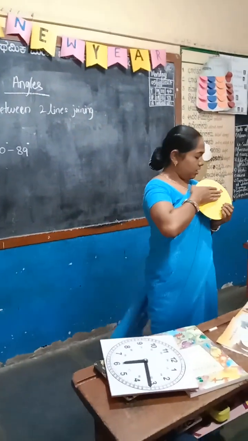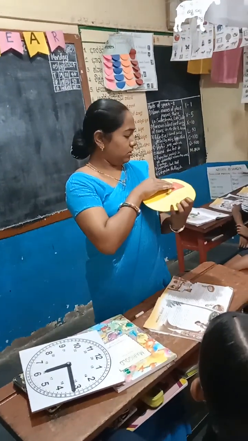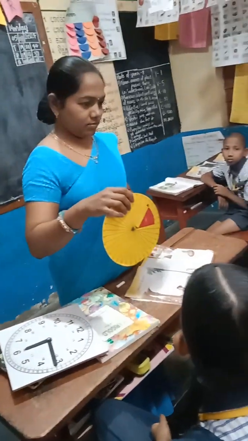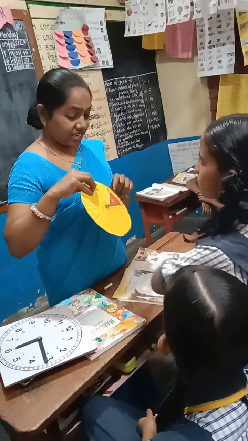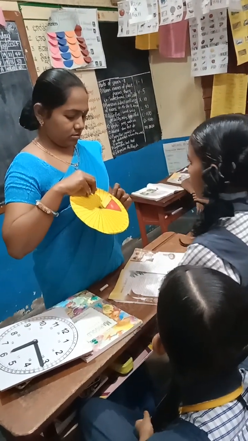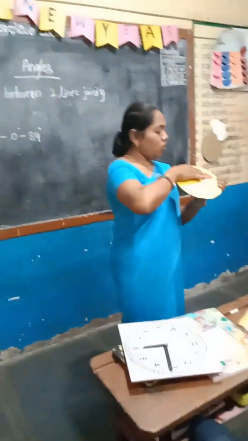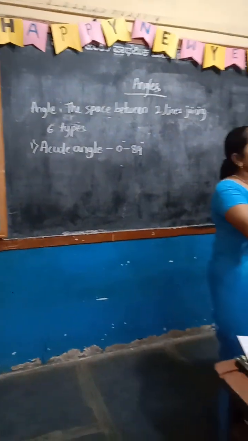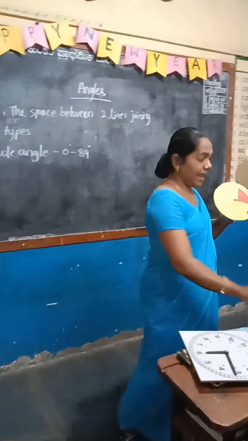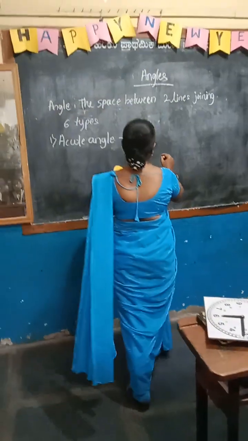Acute angle. Now I am going to move this one. Which degree is it now? It is 50 degrees. So up to what? Up to 89 degree it is known as acute angle.